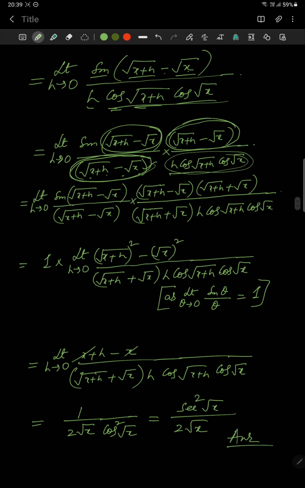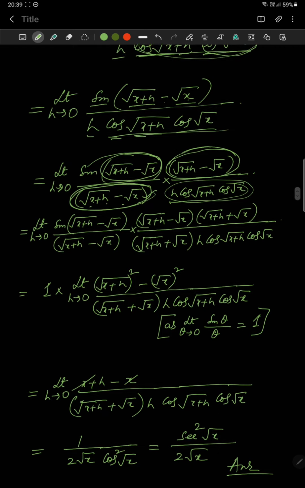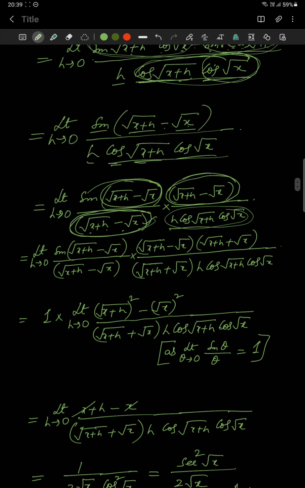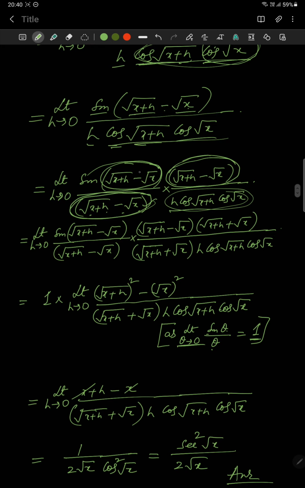Now why we have done this is because of this formula, where I have written: limit theta tending to 0, sine theta by theta is equal to 1. So we have to bring this whole thing in the form of theta, and this one also theta, and that too theta tending to 0.